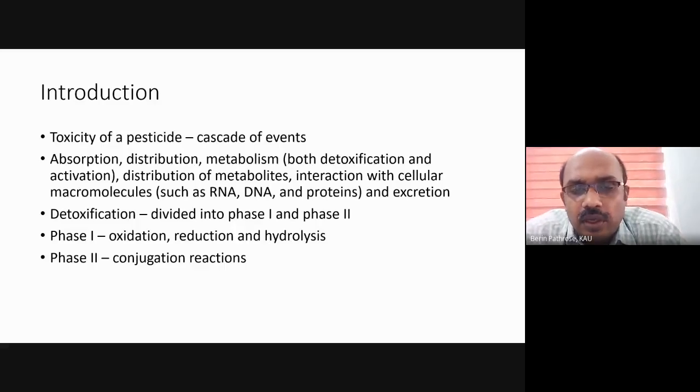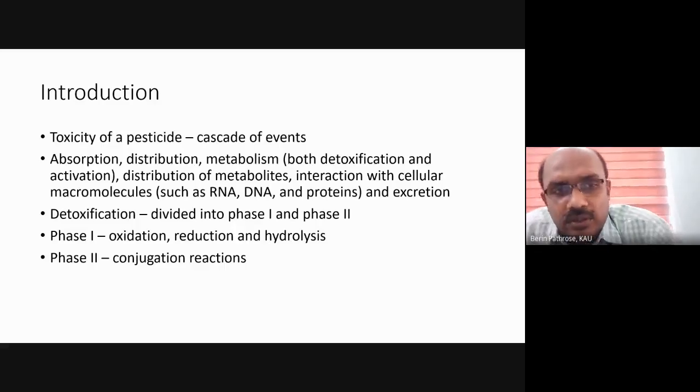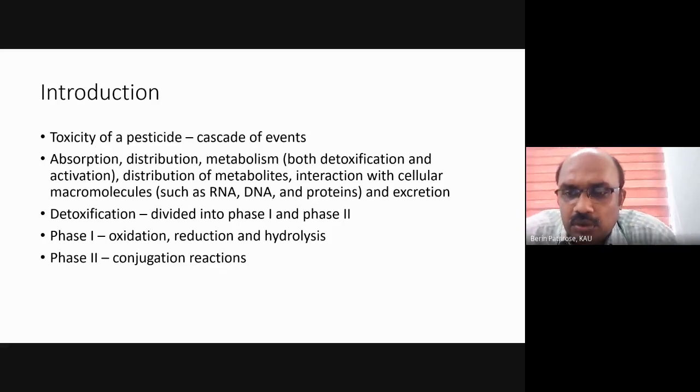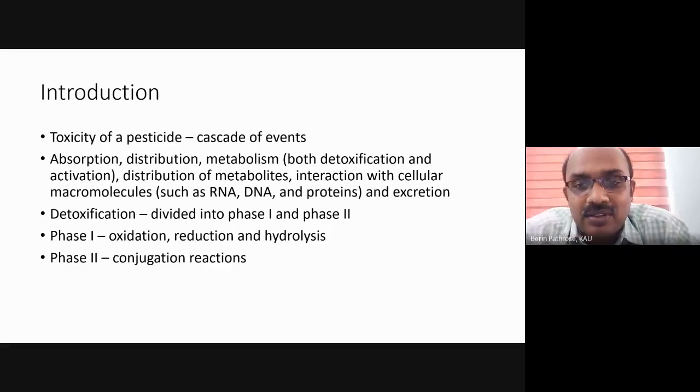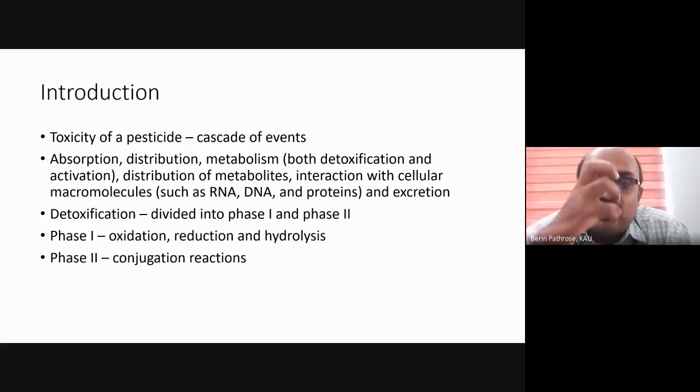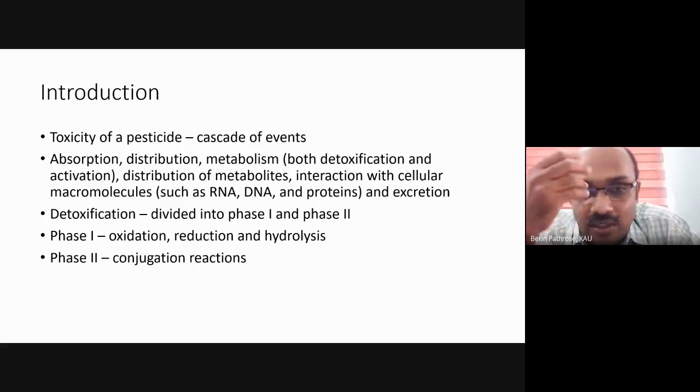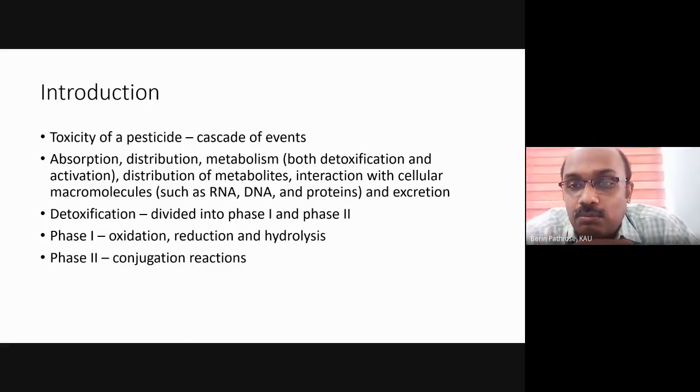Any pesticide metabolism, or how a pesticide acts in an organism, is a cascade of events. Before exerting its toxicity and after exerting its toxicity, it goes through a series of events.